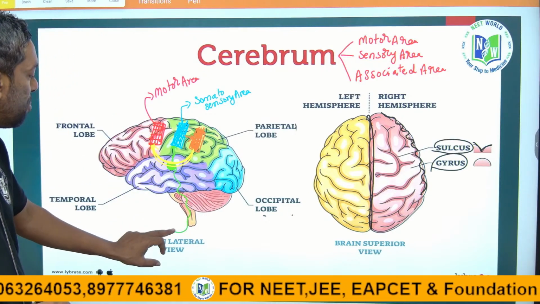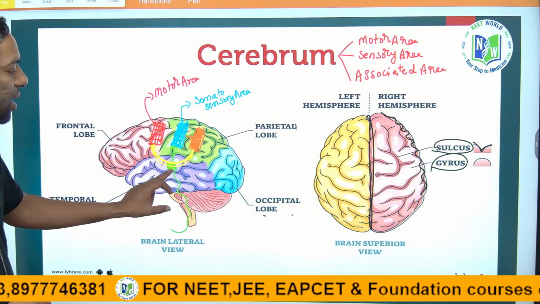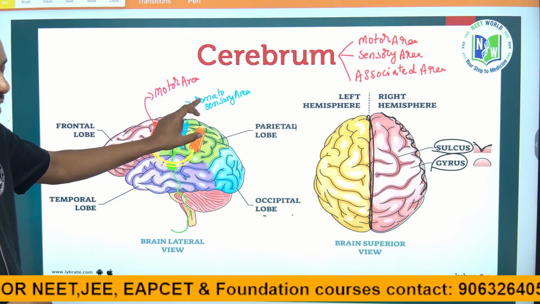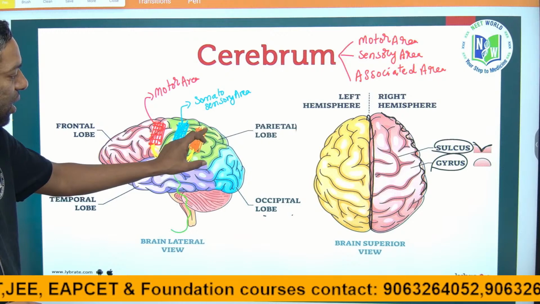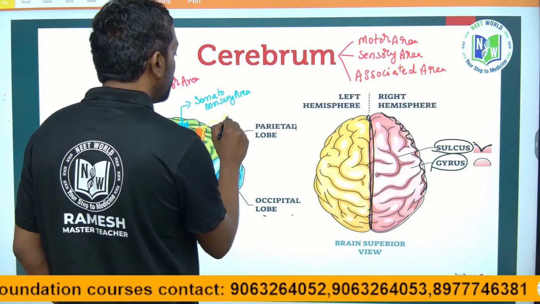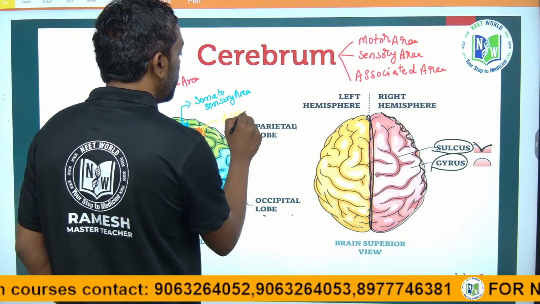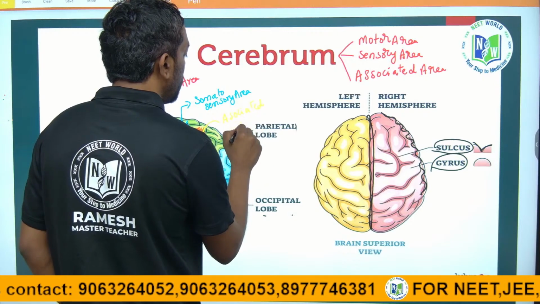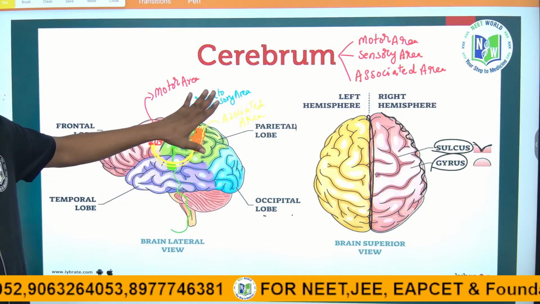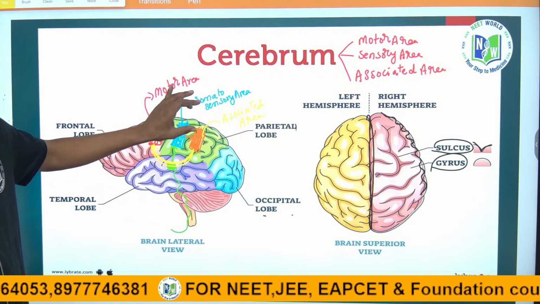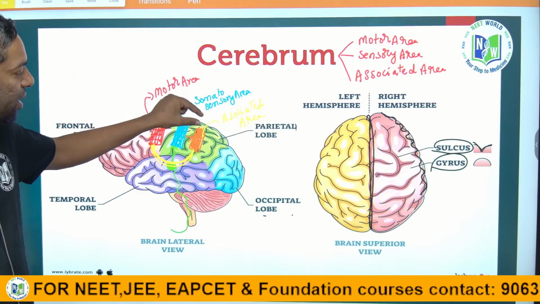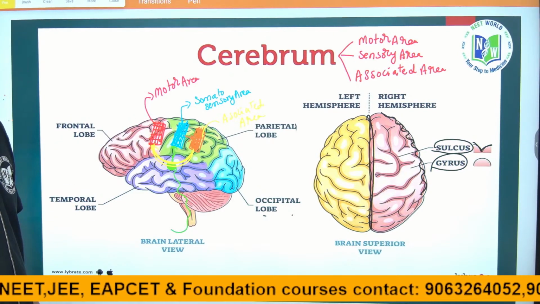First, the sensory neurons carry the information forward into the somatosensory area. Beside the somatosensory area, there is an associated area which analyzes it. The associated area analyzes what action is going to take place or not, and decides, then gives the information to the motor neuron.